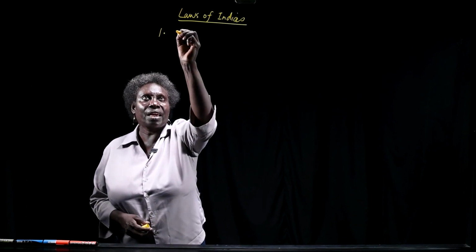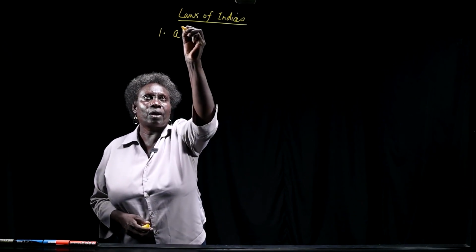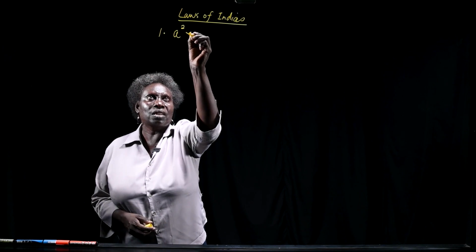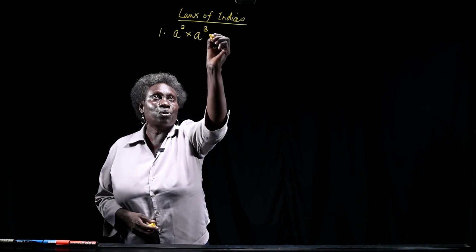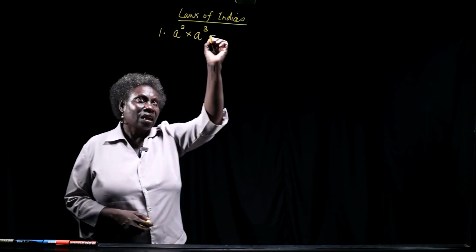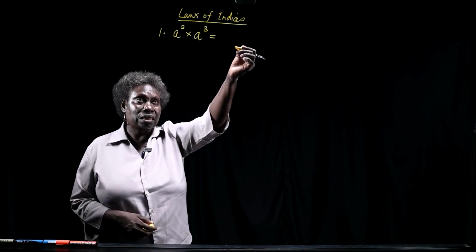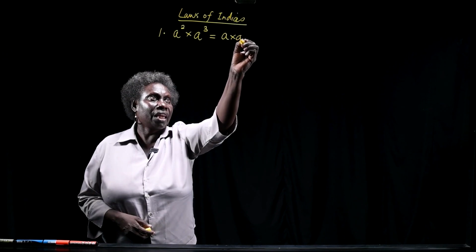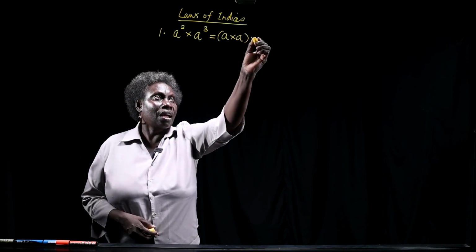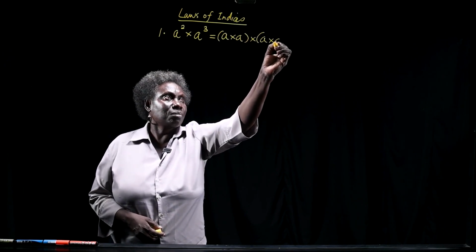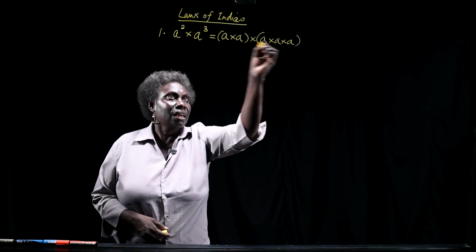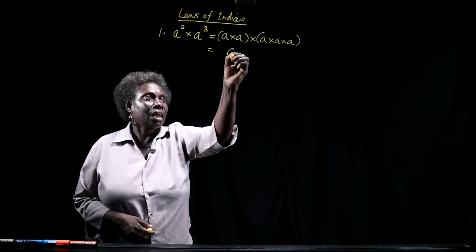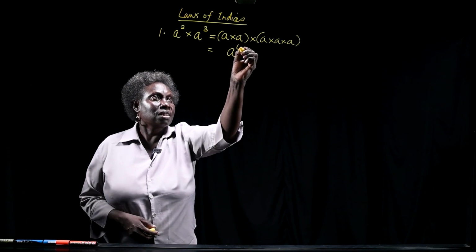Now, let's say I have a to the power of 2 times a to the power of 3. I can write this in expanded form, which is a times a times a times a times a. And that gives me a to the power of 5.